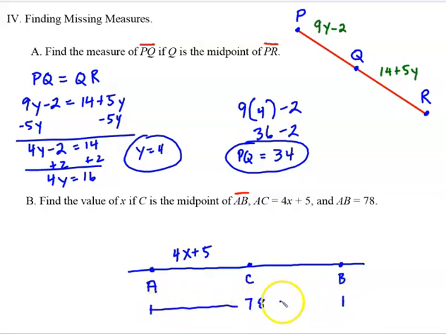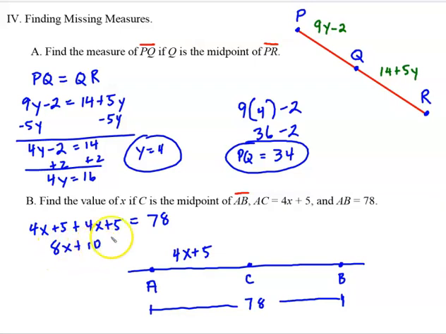So this one's a little bit different. But what we do know is that if C is the midpoint, then AC is the same thing as CB. So if they're the same thing, then I can write an equation that says 4x plus 5 plus 4x plus 5 is equal to 78. And now I just combine like terms. 8x plus 10 is 78.